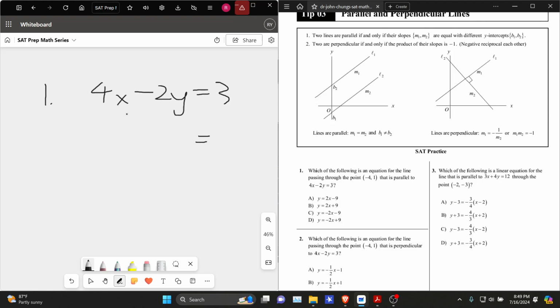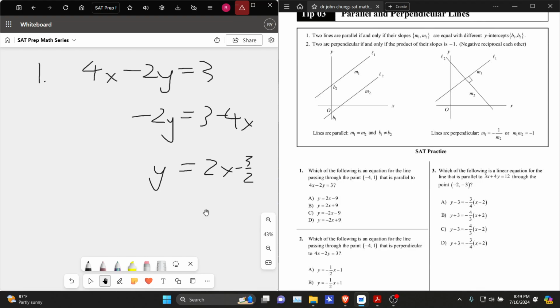Then we can move the 4x to the other side, and that's what we'll be left with. Then we can move the y to the other side as well. Dividing everything by -2, that should be y equals 2x minus 3 over 2. Good.